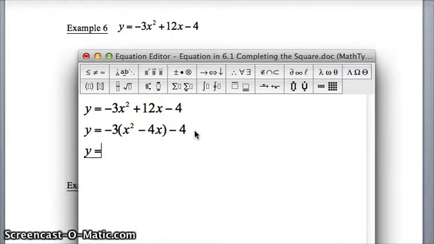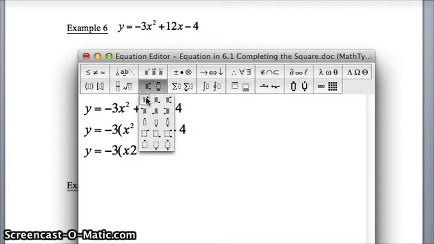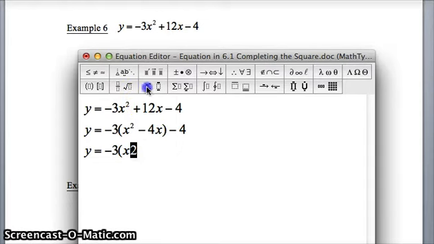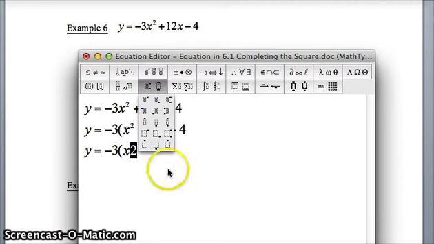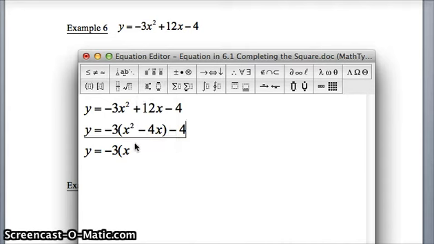So we have y equals our -3 bracket, our x squared minus 4x, and now half of 4 is 2, and 2 squared is 4.